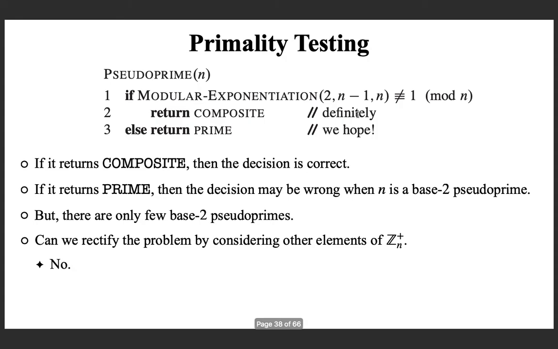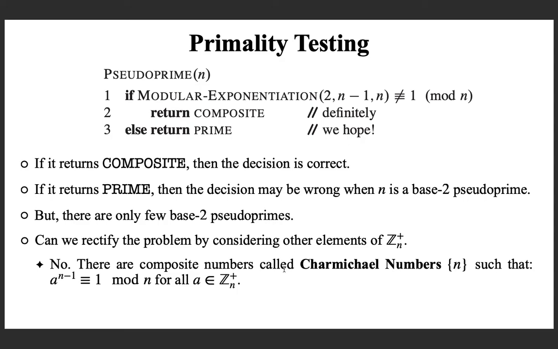The answer is no, you cannot, because there are composite numbers called Carmichael numbers, such that for a Carmichael number, whatever A you take, A to the power n minus 1 will be congruent to 1 mod n, but the number is composite, so it doesn't help.